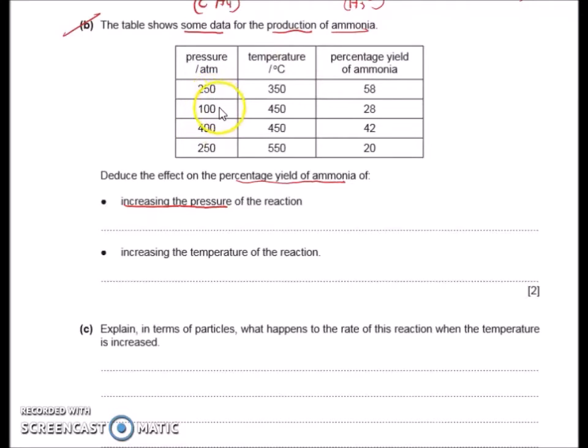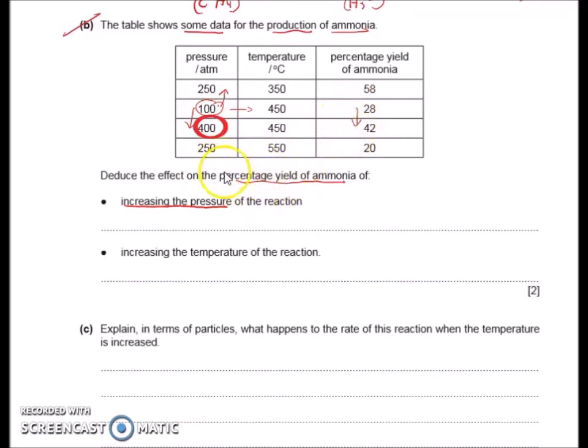So if the pressure increases, your percentage yield of ammonia will increase. Okay, now if you look at this part, when the temperature is constant, just focus on the 100 and the 400. So when the pressure is increased, your yield also increases.